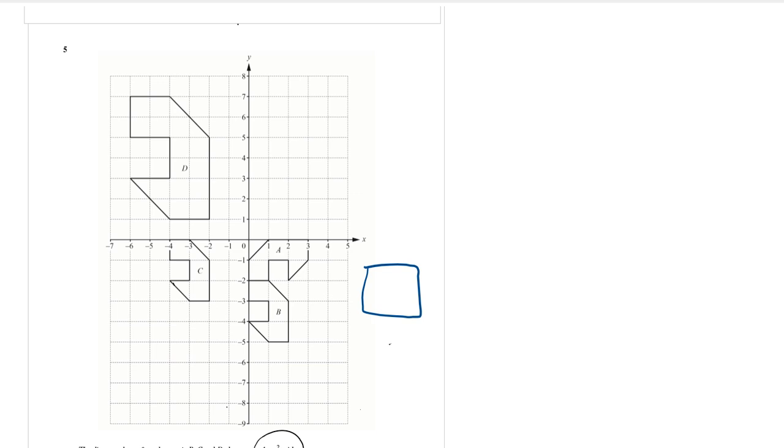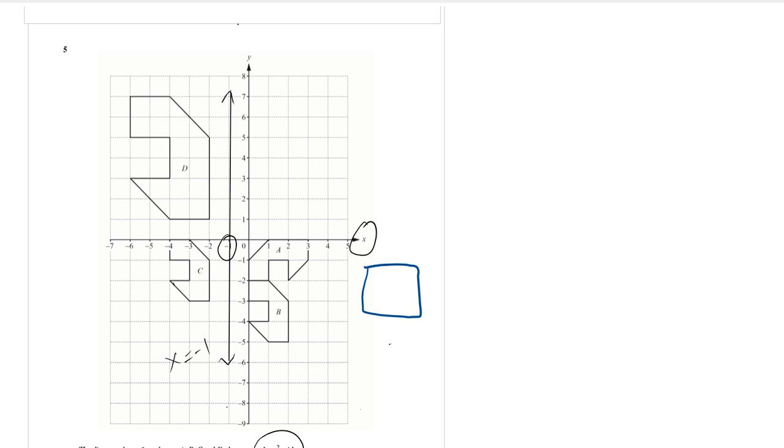This is your x-axis, this is minus 1. So it has to be a vertical line that passes through minus 1 of the x-axis. This line is your line x is equal to minus 1.